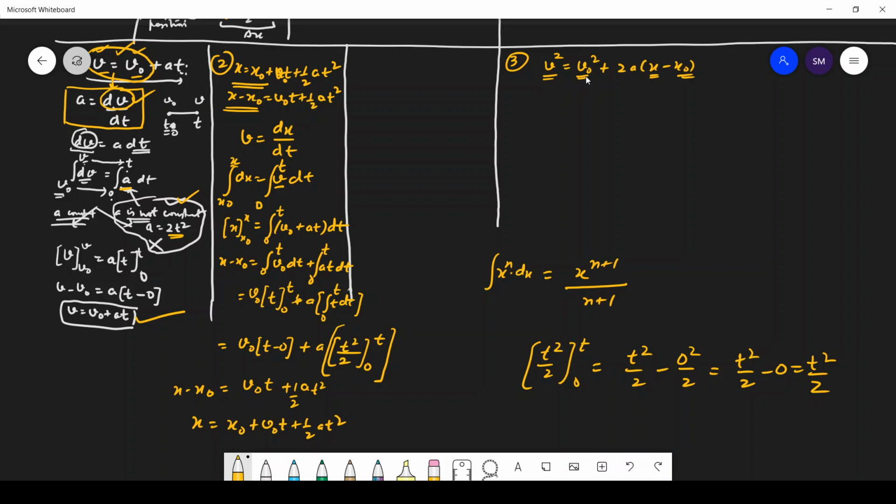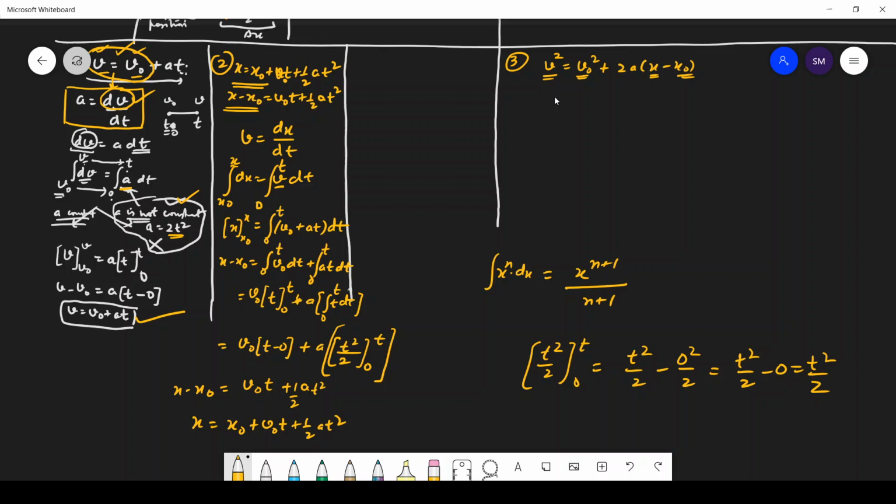So here definitely you need on this side dv, and can you visualize it? Suppose here this is v square, so you need v square here, right?